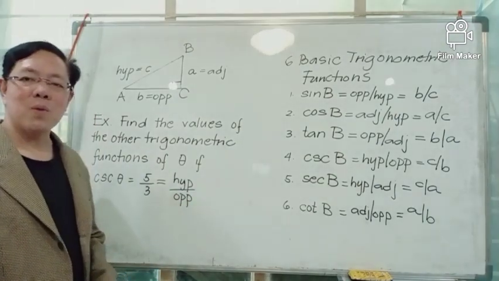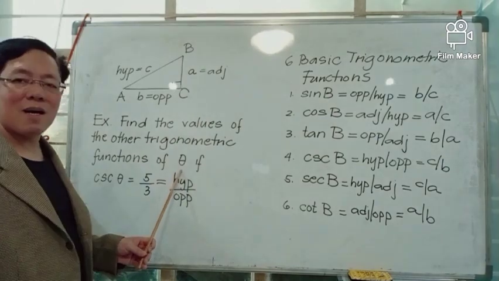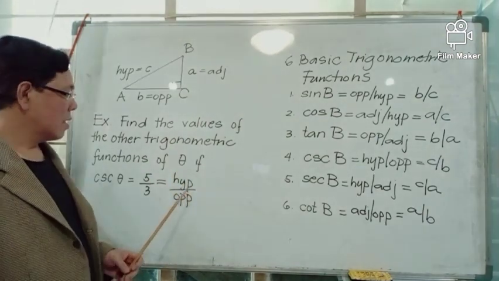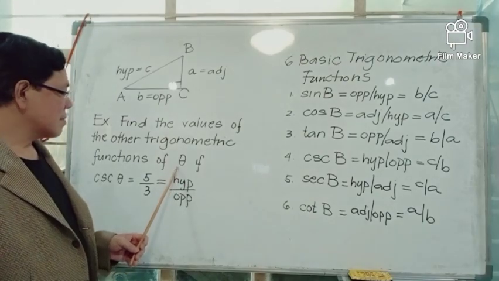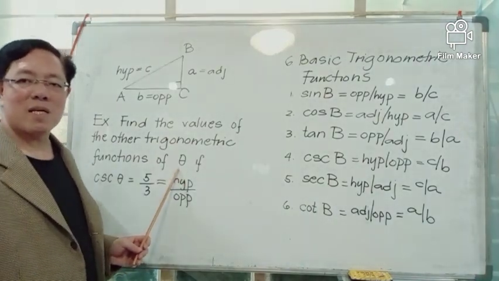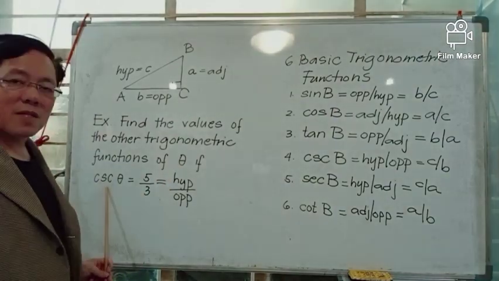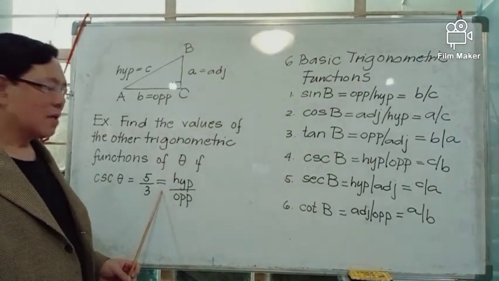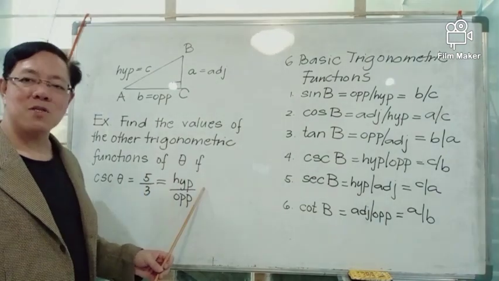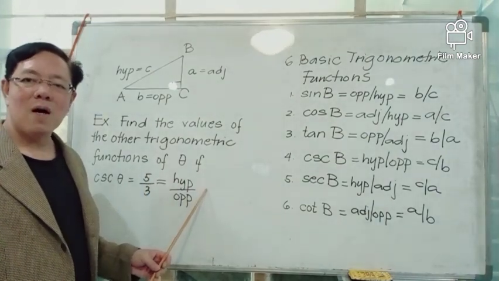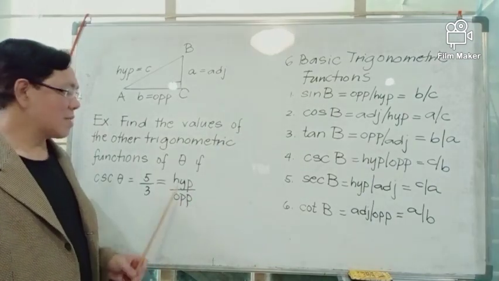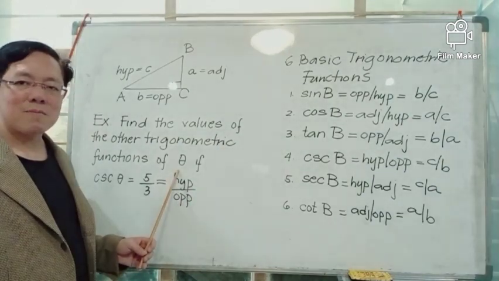In this example, we assume that theta is an acute angle of a right triangle. And if theta is an acute angle of some right triangle, then cosecant of theta, whose value is 5/3, must be equal to the ratio of the hypotenuse of the right triangle and the side opposite the acute angle theta.